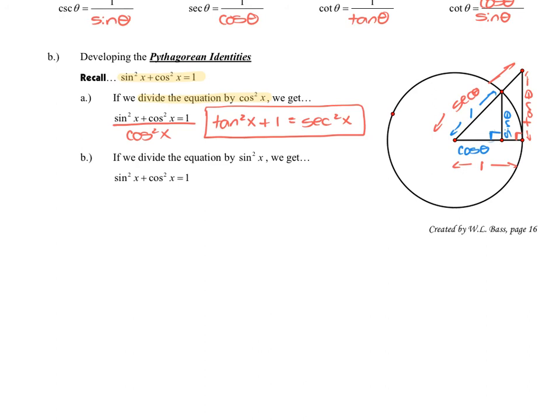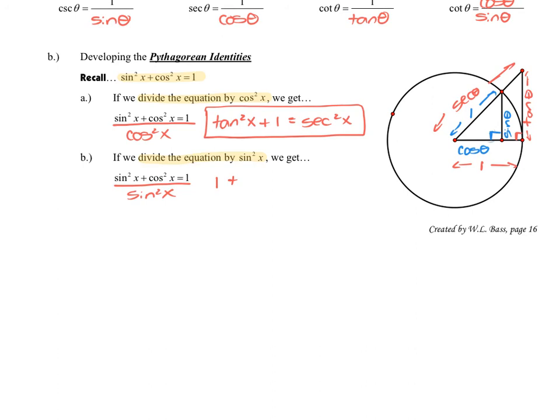Now, the last one that I'm going to do here, we won't be able to see it in the picture, but we can certainly still just manipulate it. What we're going to do is divide the equation by sine squared instead. So if I take this entire equation and I divide it by sine squared, and then I start reducing and simplifying, I get sine over sine. That's, of course, going to be a 1.